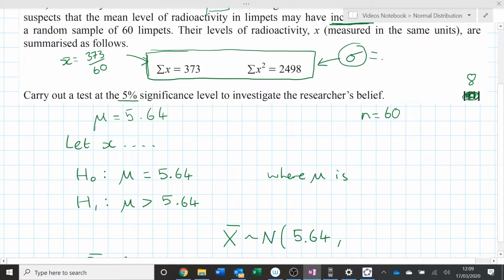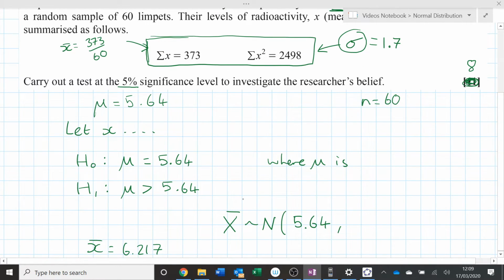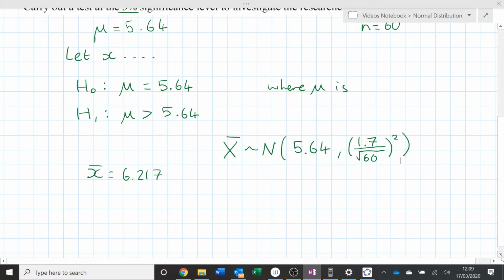It's not exactly 1.7, but I'm just going to use this value for now. And this is going to be 1.7 divided by the square root of 60, squared.